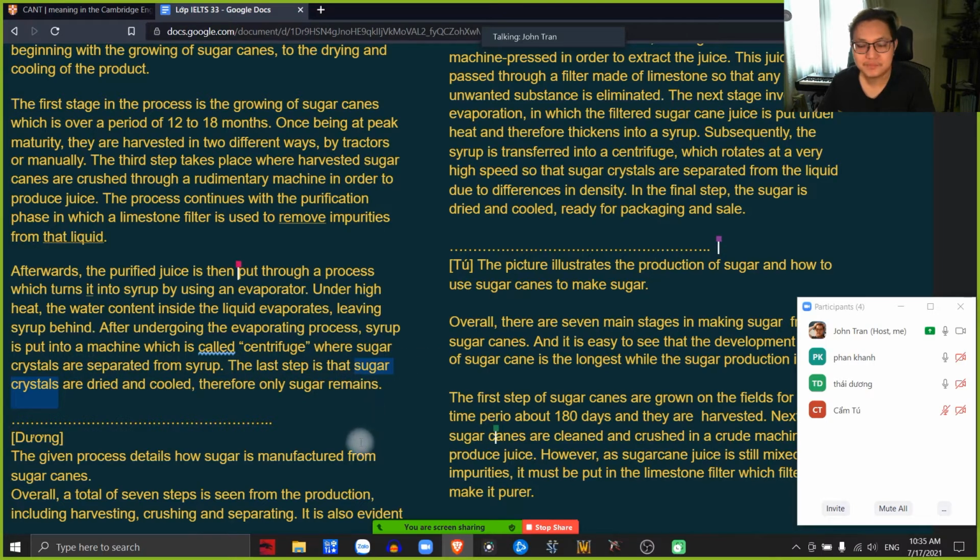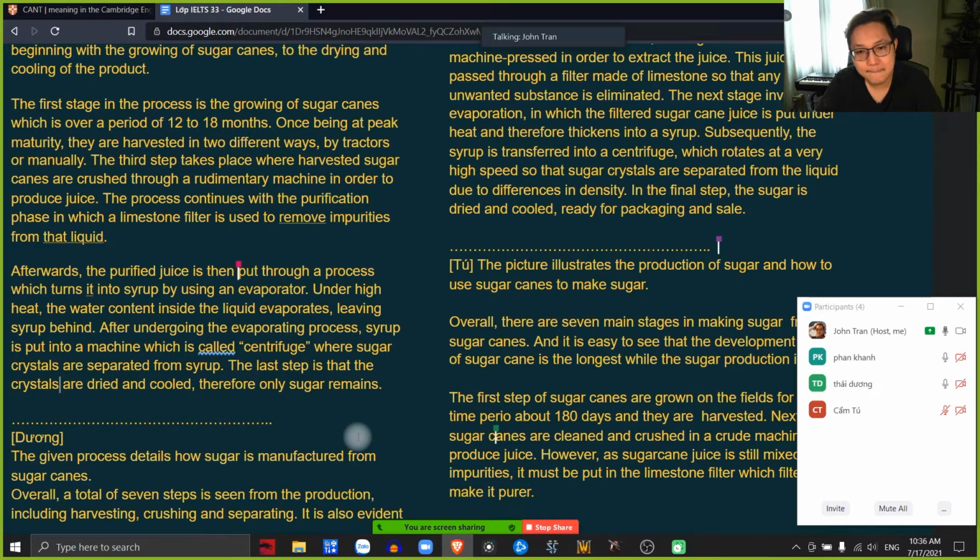The last step is that you can use the word the crystals to mean the sugar crystals. Có thể dùng chữ the crystal này để thay thế cho cái chữ sugar crystals cũng được.